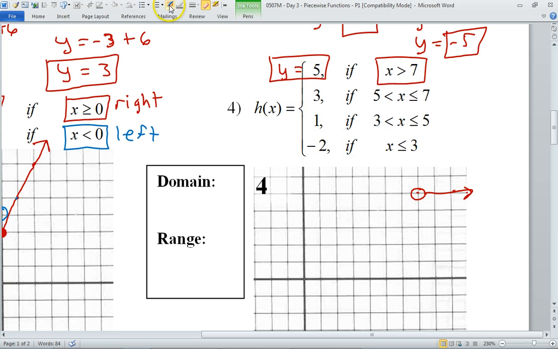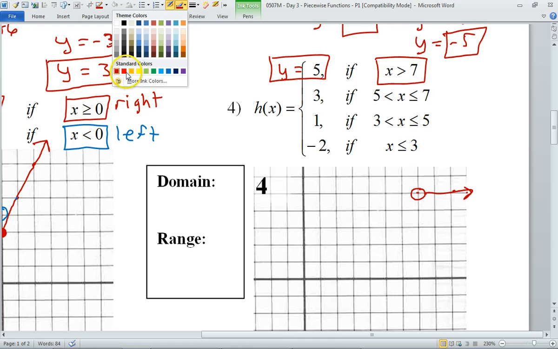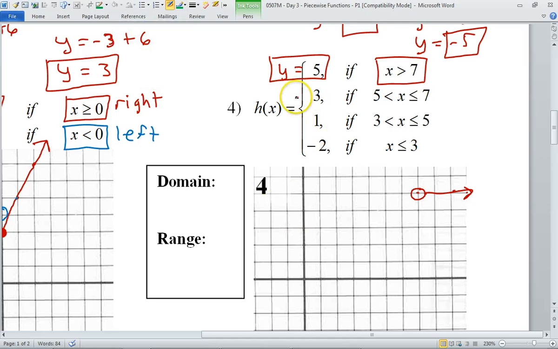Now, let's look at the next part. How many of these do I have? Okay. I've got y equals 3. Y equals 3 is a horizontal line at 3, so that's like this. But it's going to be this line. That's interesting.